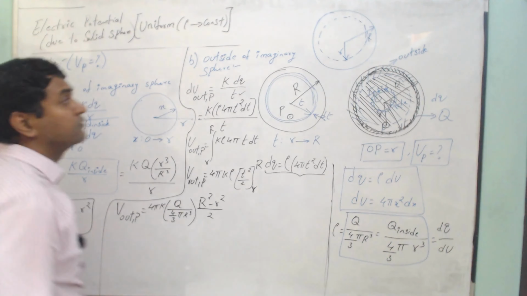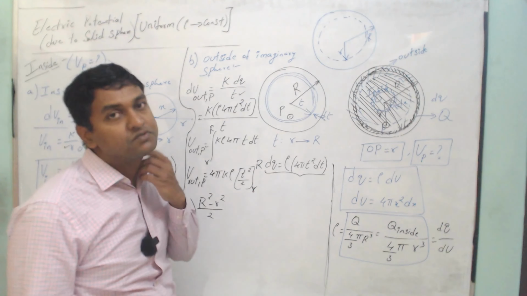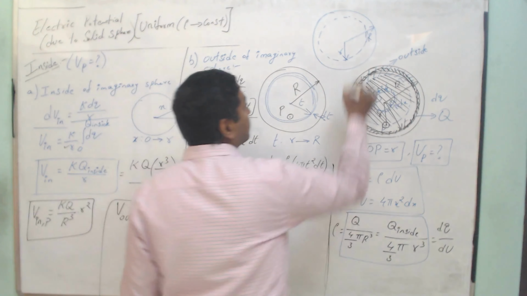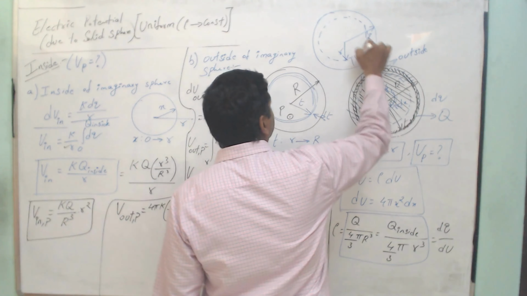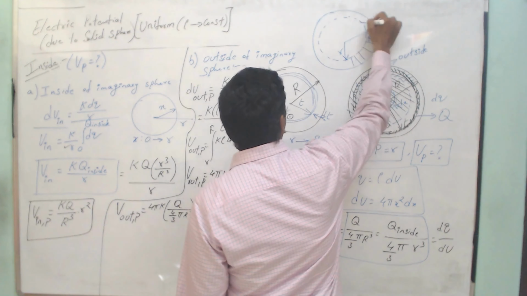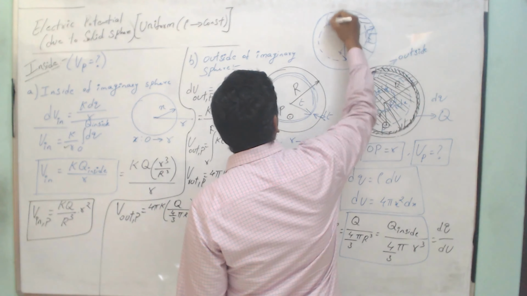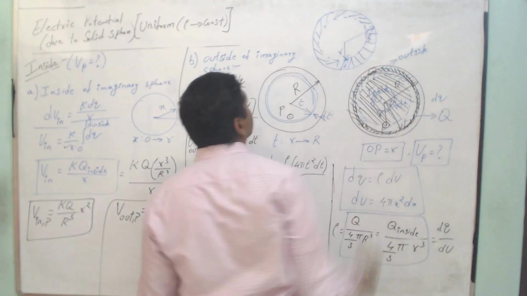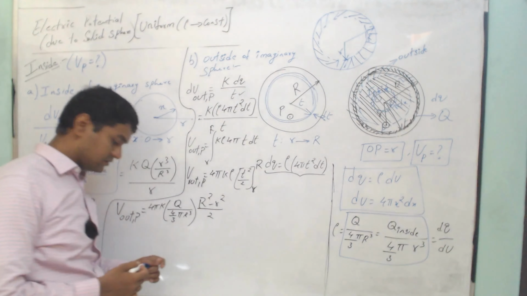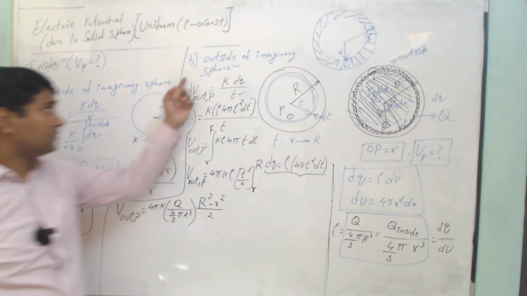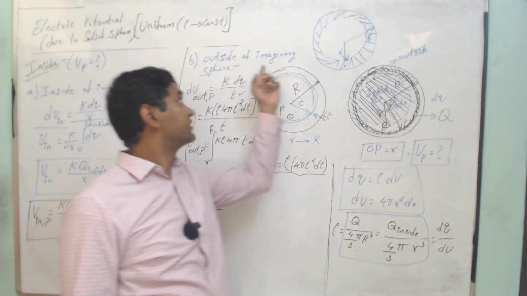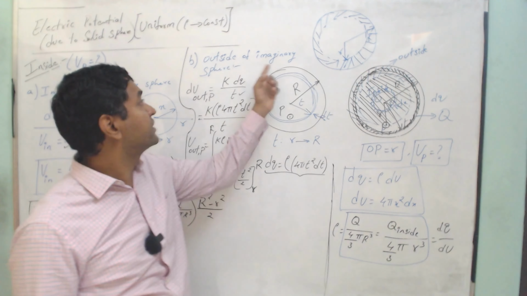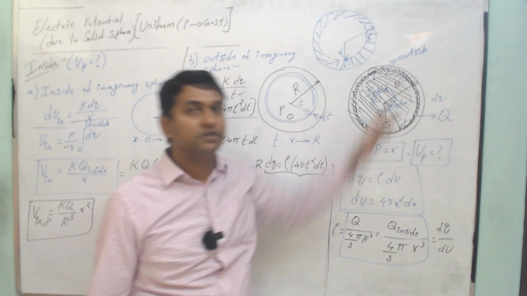I have an imaginary sphere of radius small r. In my case B, I am discussing the region which is outside of my imaginary sphere.